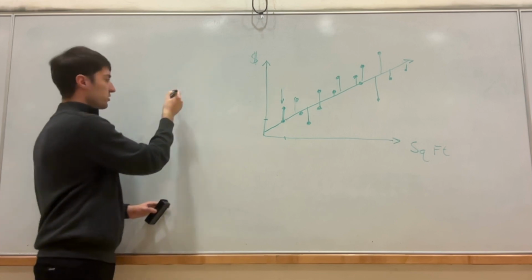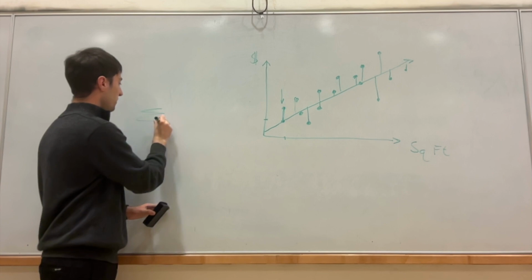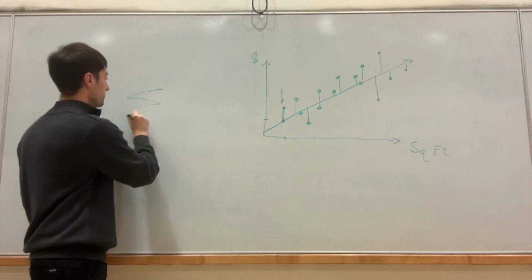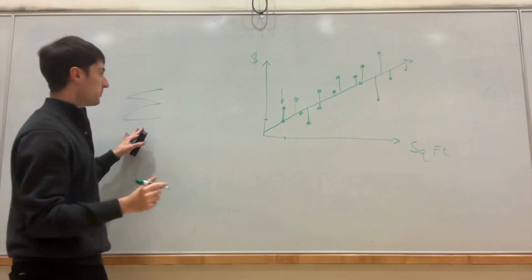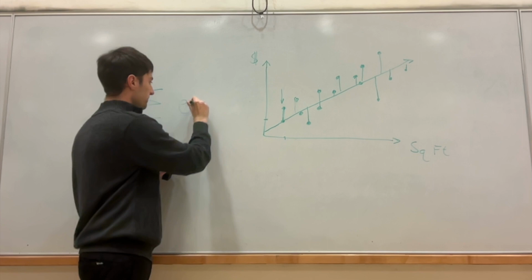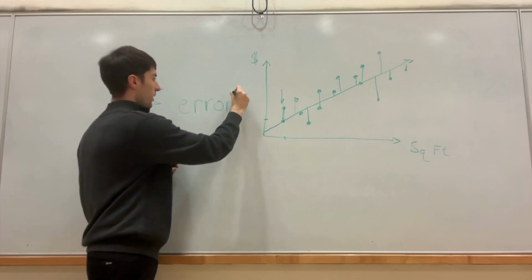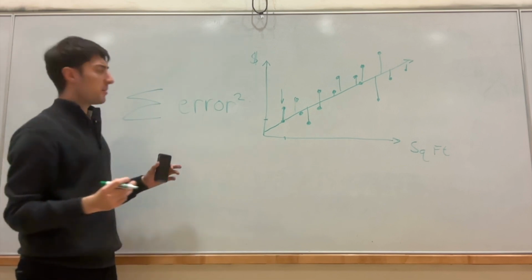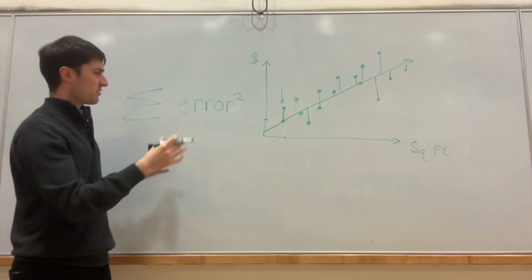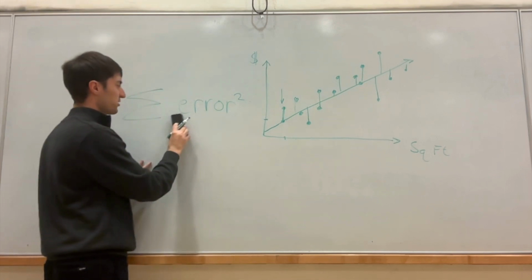Okay, so let's start writing this in math terms. We want to take the sum of the error, and we want to square the error. Let's keep making it a little bit more math.